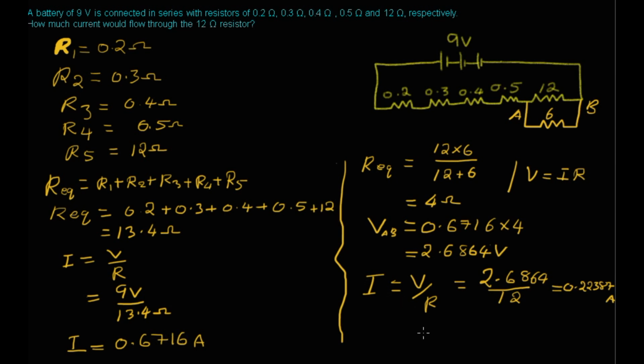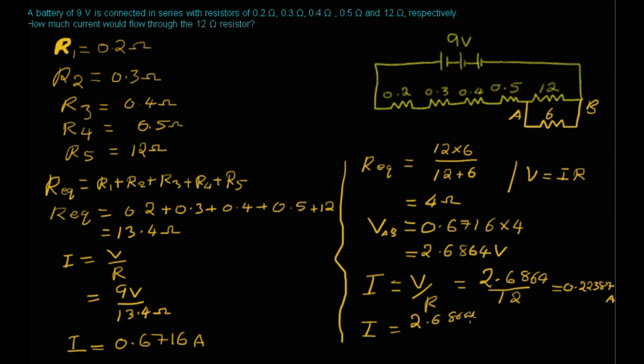So we find the current flowing through the 6 ohm resistor also, which we can obtain as I is equal to V by R. Here also V will be the same for these two resistors. The voltage coming between the 2 points is the same, 2.6864. In a parallel combination, you know that voltage will be the same, only current will be different.